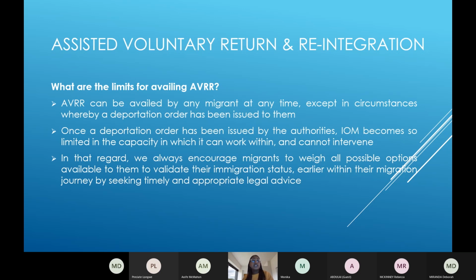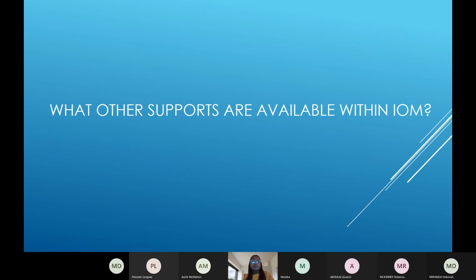In that regard, we always encourage migrants to weigh all possible options available to them to validate their immigration status earlier within their migration journey by seeking timely and appropriate legal advice.